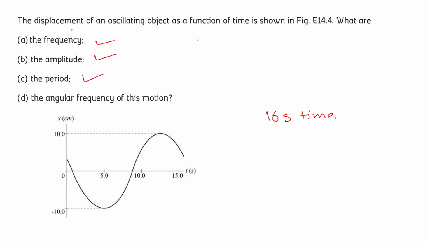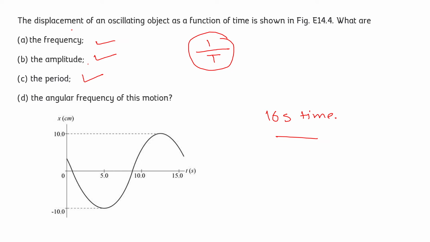Let's take one oscillation divided by the total time it requires to complete one complete oscillation. That would be our time period, which is 16 seconds. So from here, we can calculate the frequency as 1 divided by T.